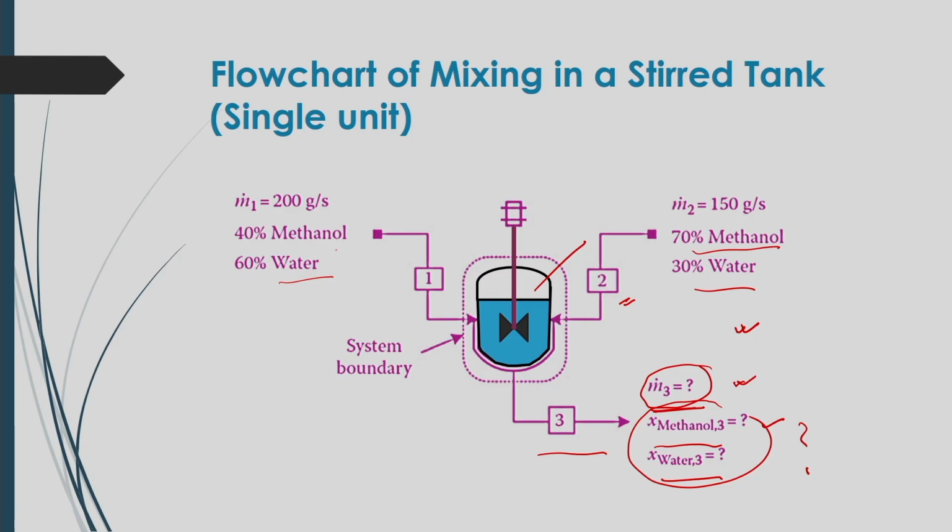So, the flow sheet is basically the representation of the input and output of this process unit with the known values and unknown values, by symbols for the feed and also the output amounts.